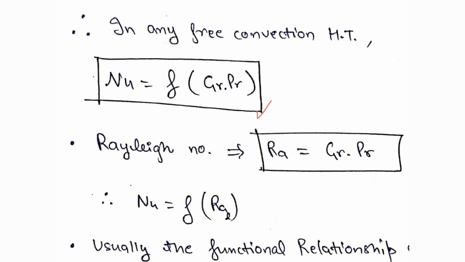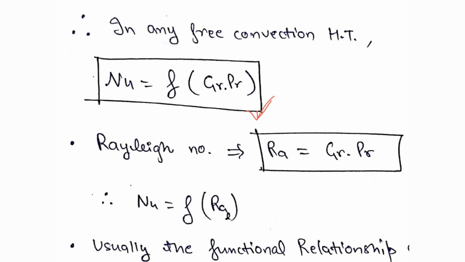Since these three non-dimensional numbers are interrelated with each other, we can write Nusselt number as a function of Grashof and Prandtl, or Grashof number as a function of Nusselt and Prandtl, or Prandtl as a function of Nusselt and Grashof. Anything you can write, because these three are non-dimensional numbers and they are interdependent on each other.